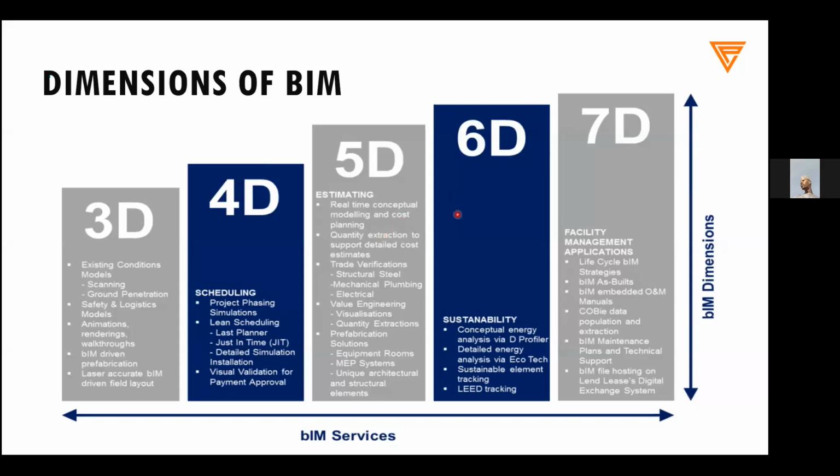Then we have 6D. In 6D, what it is called is sustainability. So what is sustainability? You might have learned that whenever sunlight enters a glass medium, it gets trapped in it, right? If it gets trapped, it starts increasing the temperature of that particular medium or that complete environment.